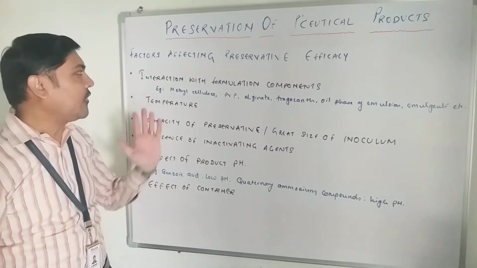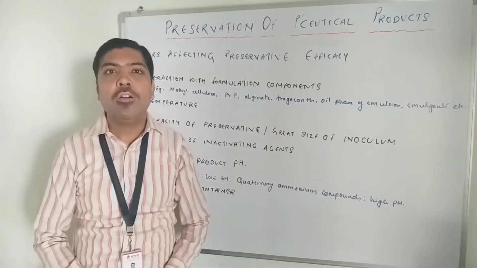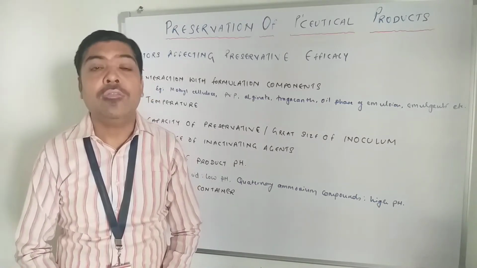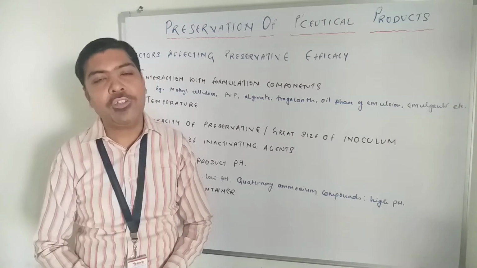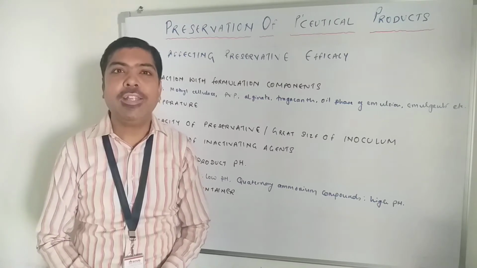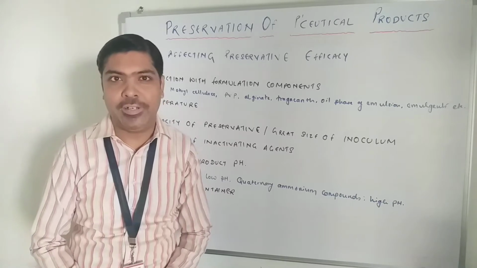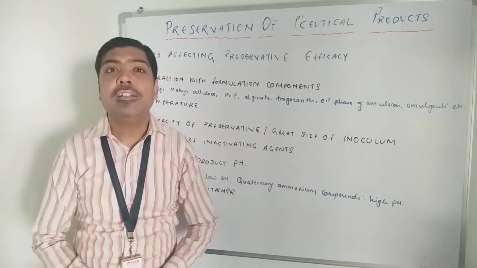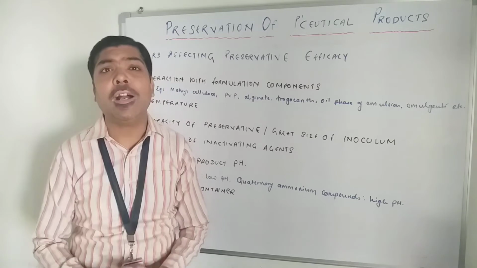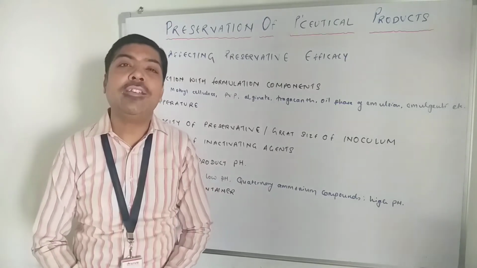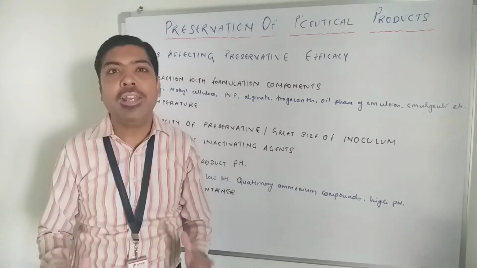Now coming to the first factor, that is the interaction with the formulation component. We know that a pharmaceutical preparation consists of the active pharmaceutical ingredient along with various excipients. It is observed that the preservative also has a property to interact with the formulation ingredients.